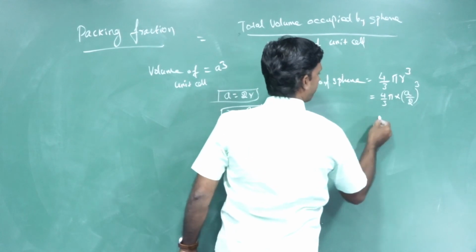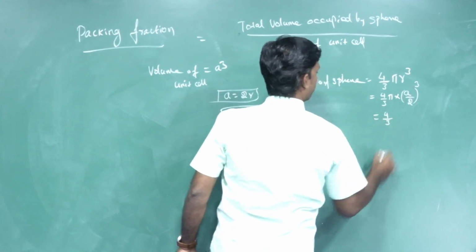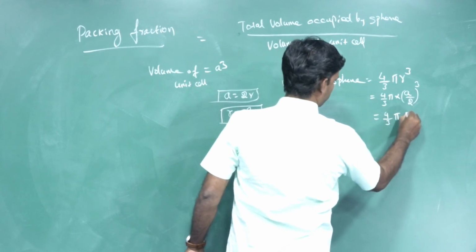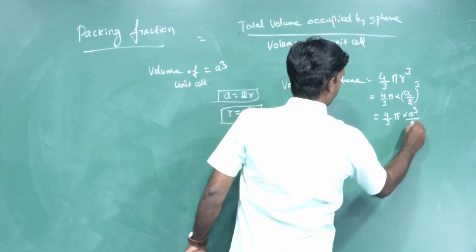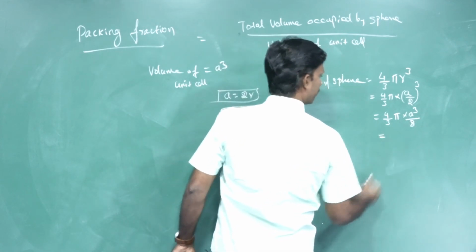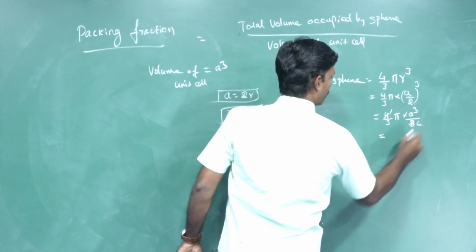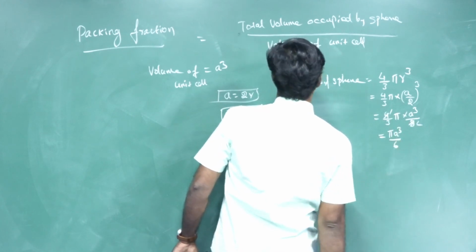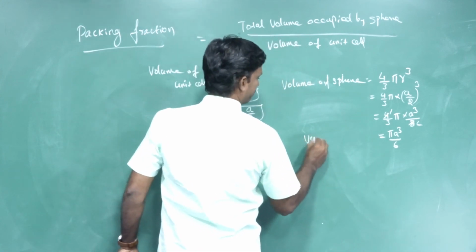Then 4 by 3 π into a cube by 8, so π a cube by 6. That is the volume of the sphere.